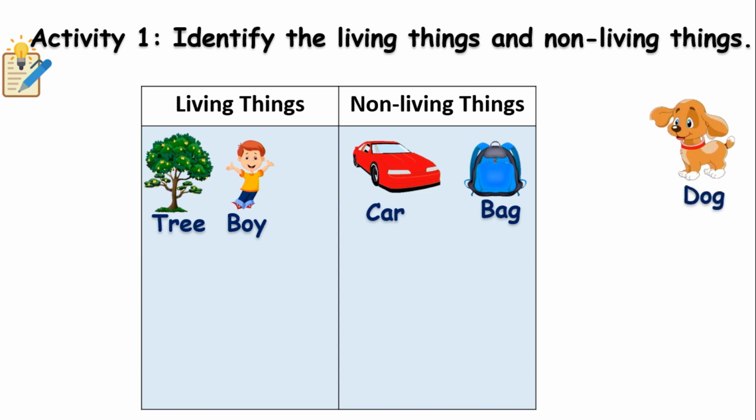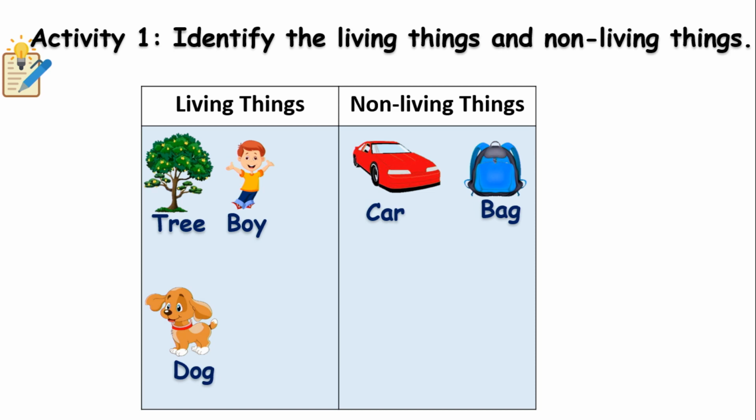What can you say about the dog? Does the dog grow? Yes, it grows, just like us. Hence, the dog is a living thing. What about the butterfly? It flies around and it can get hurt.